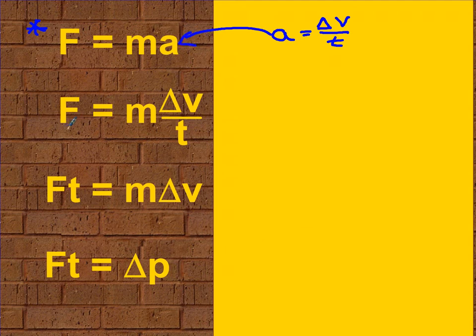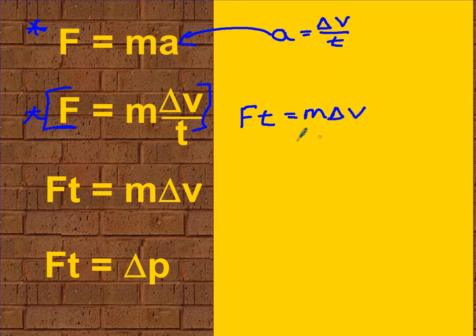I can rewrite this as the force is m times the change in velocity over time. Now, I don't like to mess with fractions, so let's get rid of the fraction here by multiplying everything through by t. So Ft equals, that t is going to cancel, m delta v.